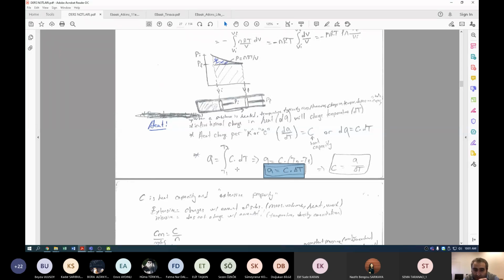But the more important thing over here is that Q and C, heat and heat capacity, are both extensive quantities. Okay, they depend on the amount of substance.